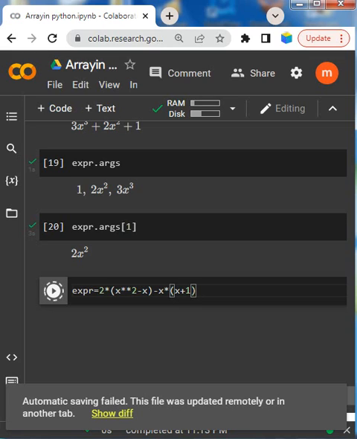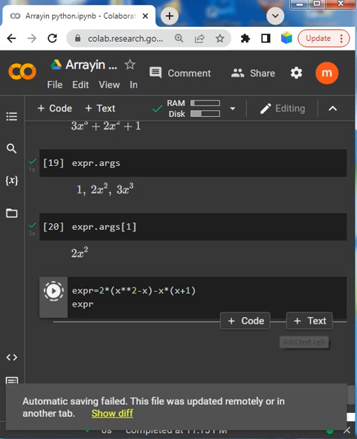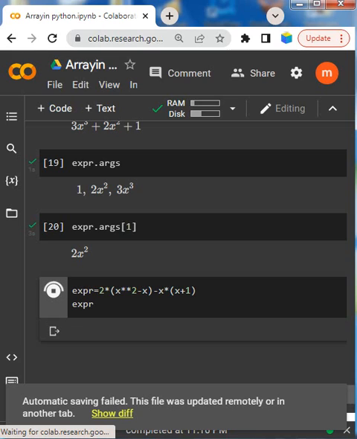We need to print expr, then we can get the output. Minus x has been given, so x square is multiplied with 2x square, and it has been created like this.